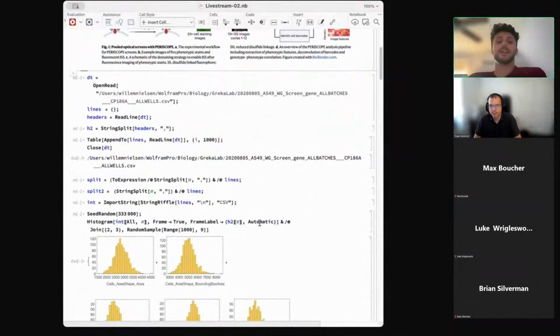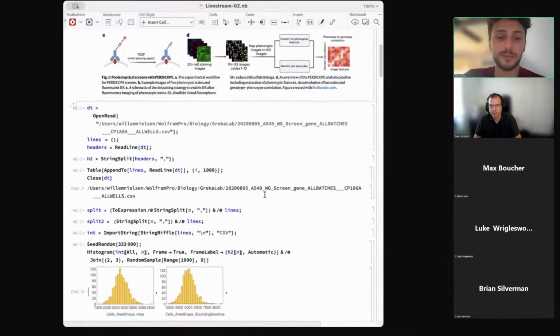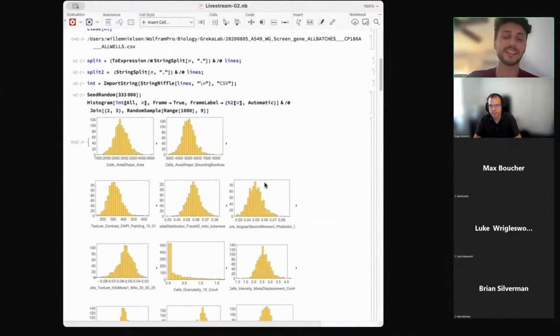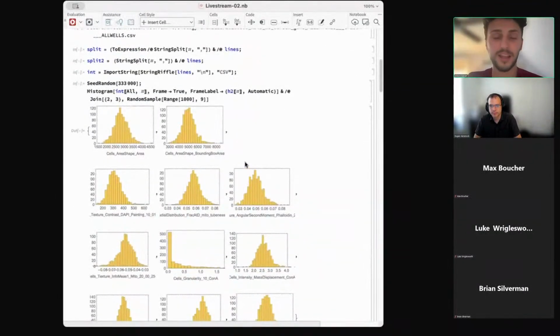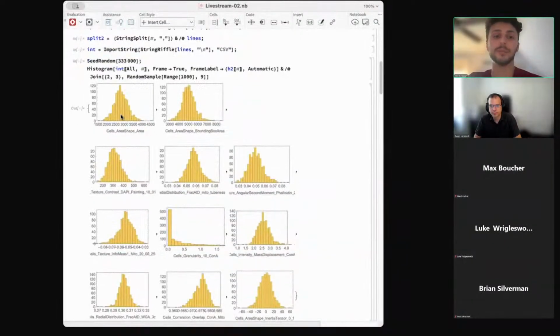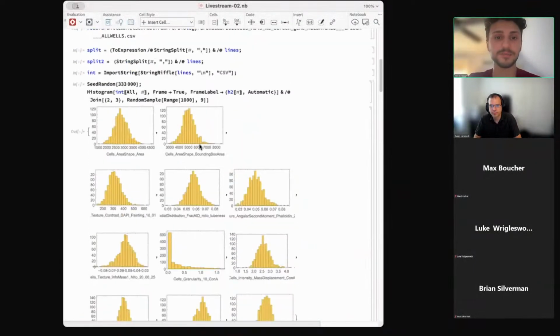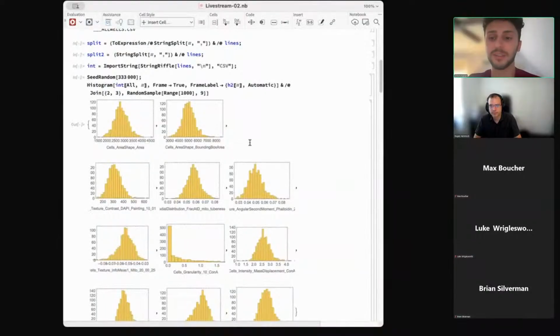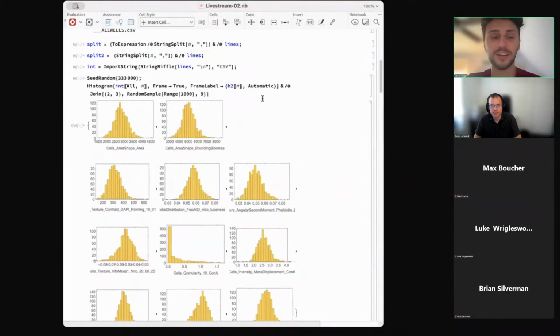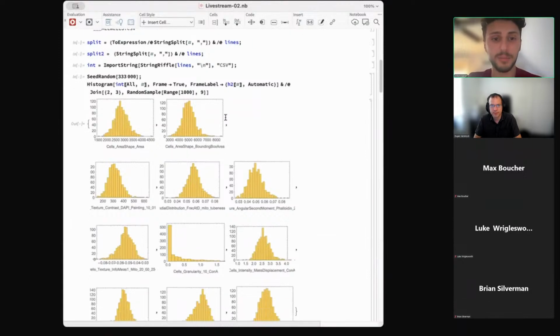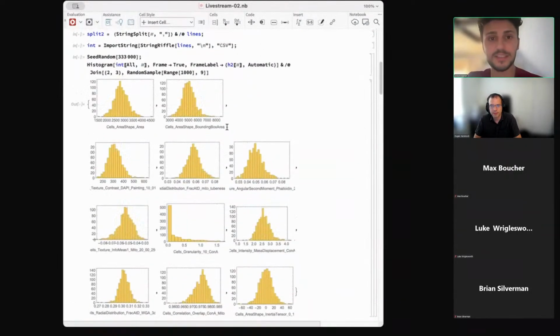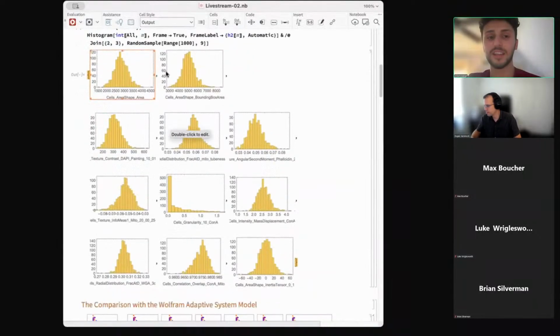What I'm trying to do with this data set is connect it to our recent biological evolution model and work in biomedicine. By the way, Dugan, feel free to stop me and ask questions or add on. What this is showing is a distribution of different metrics based on the images.